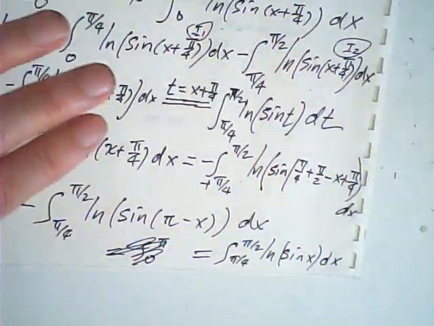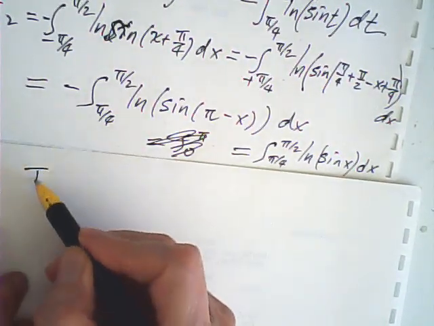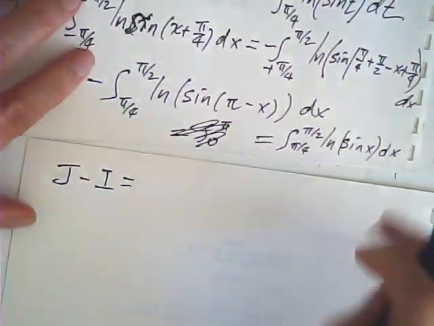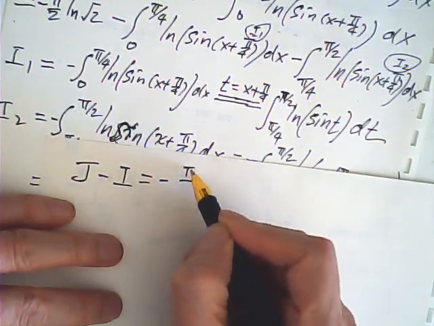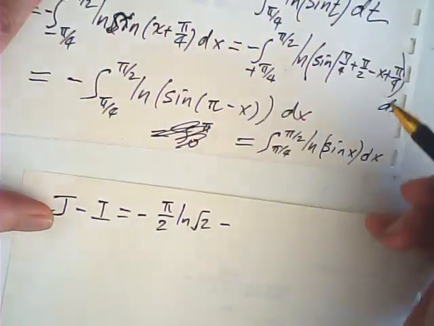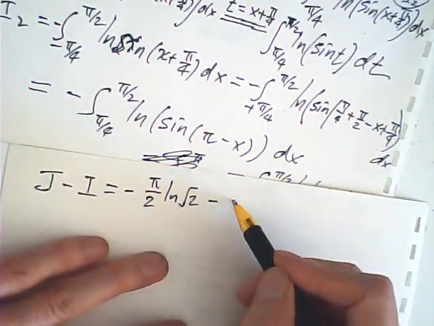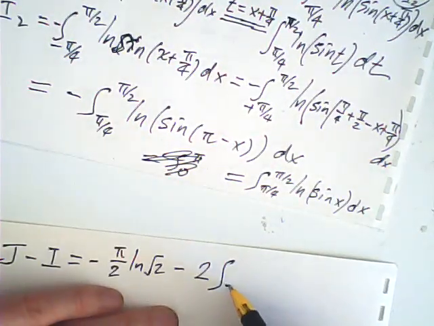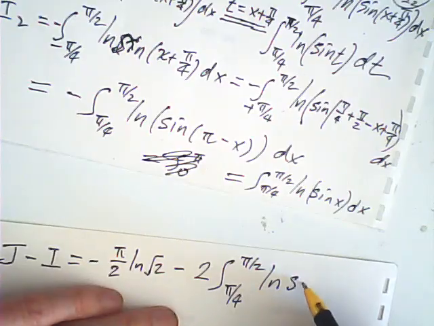So I get my J minus I. J minus I is a negative pi over 2 log root 2, minus I1 and I2 are the same, is equal to 2 times the integral from quarter pi to half pi of log sine x dx.